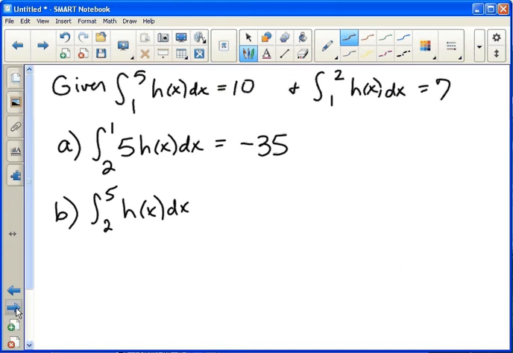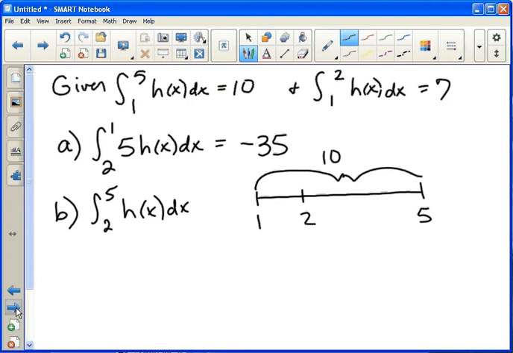If we were to go from 1 to 5, we're given that from 1 to 5, the total area is 10. We're also given that the area from 1 to 2 is 7. So I got both of those from my givens. Now what they're asking us is what would the area be from 2 to 5? So hopefully you can tell just by looking that that would have to be 3.